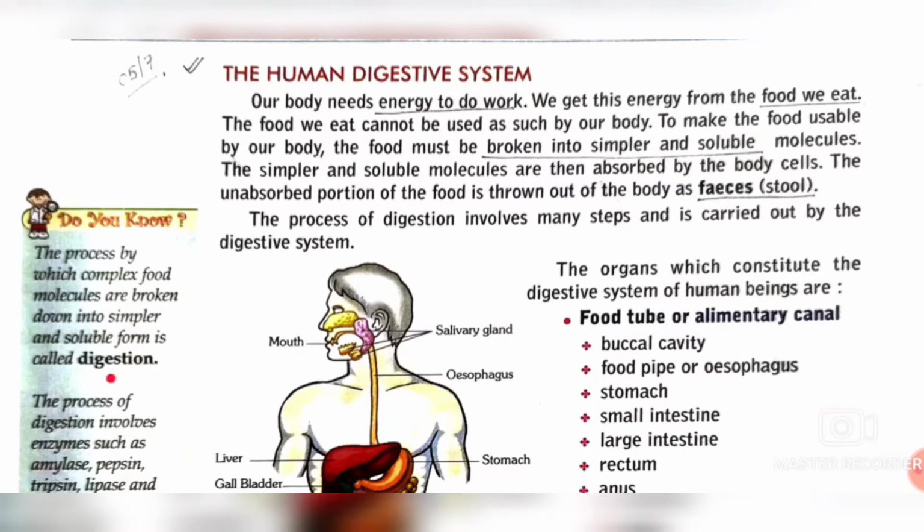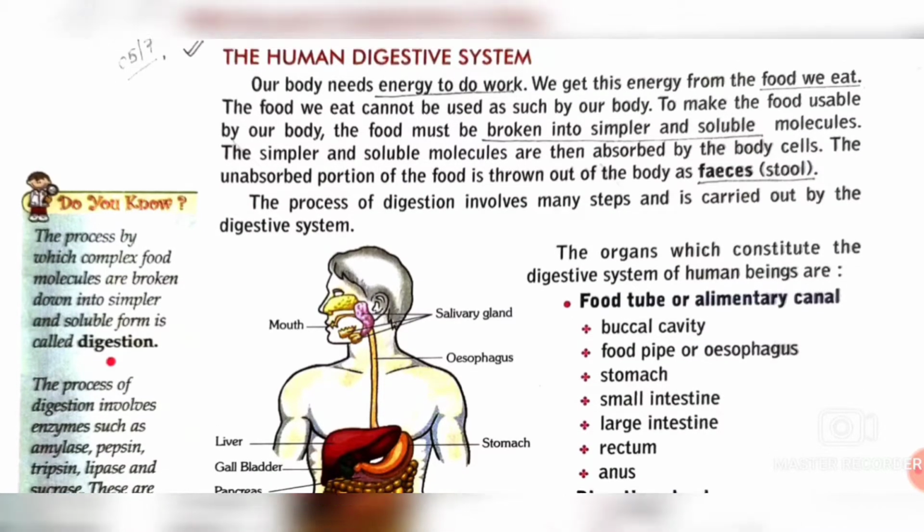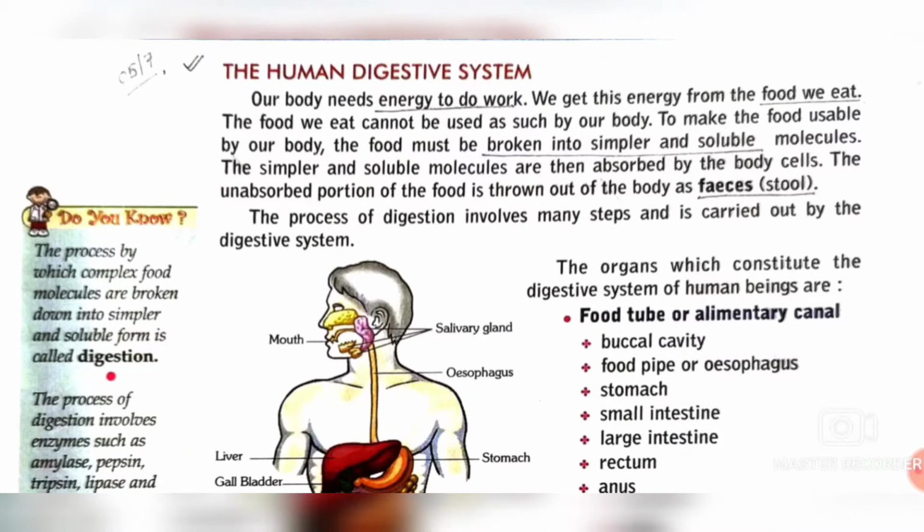Okay, now there are some organs that are involved in this digestion process. Those organs are called digestive organs, and when all of these organs are combined to make a system, that system is called the digestive system. আমাদের বডিতে এরকম প্রচুর অর্গানস রয়েছে যারা কিছু না কিছু পার্টিকুলার কাজের সঙ্গে ইনভলভ.